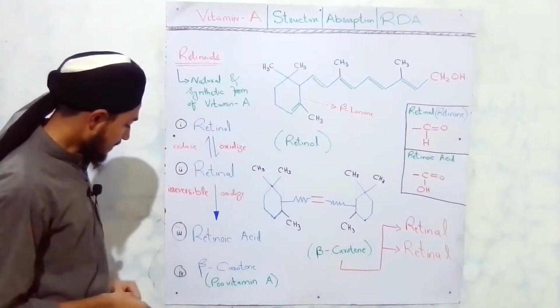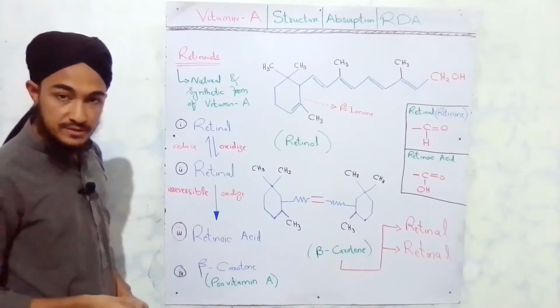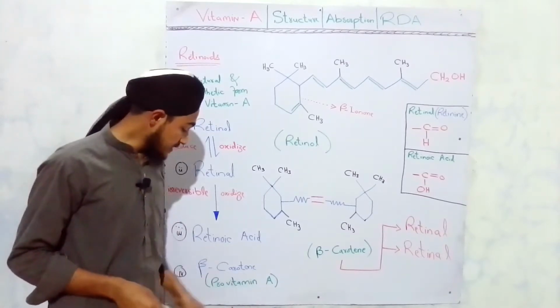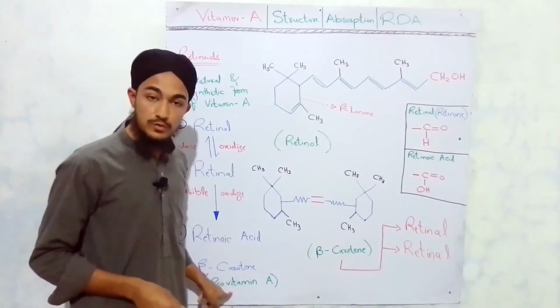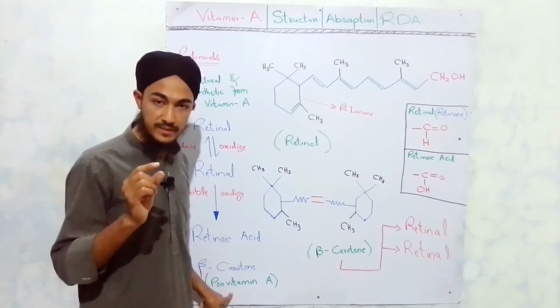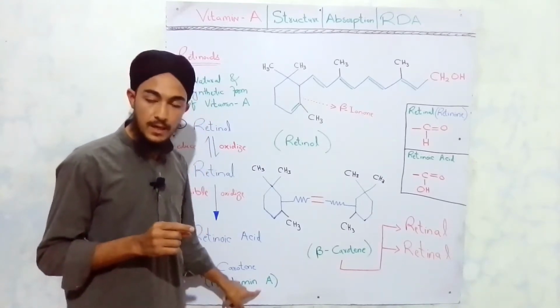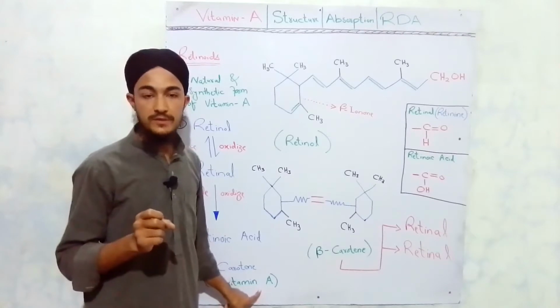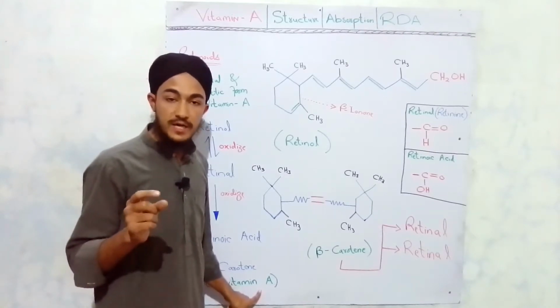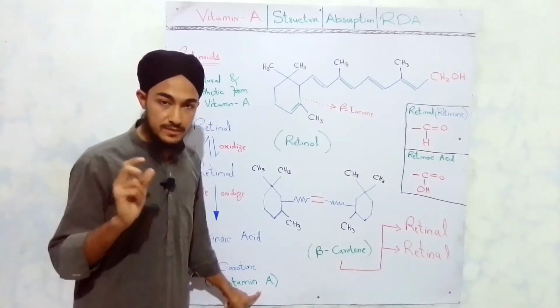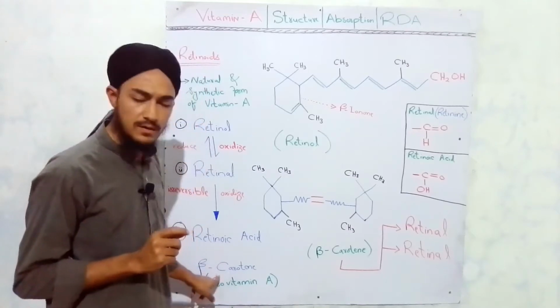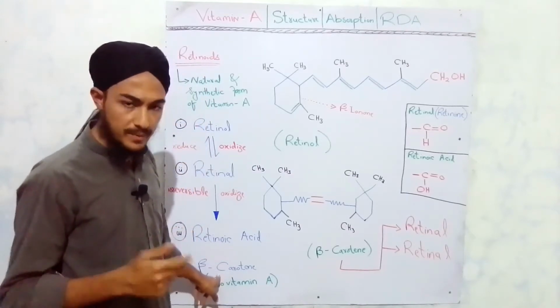Then we come to the fourth form of vitamin A, that is also known as provitamin. Basically, the provitamin A are those forms of vitamin A that are derived from plant sources. So these beta carotenes are also obtained from plant sources.